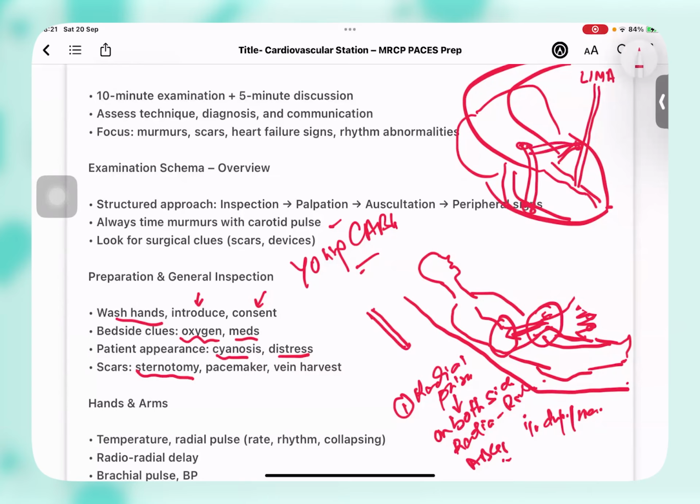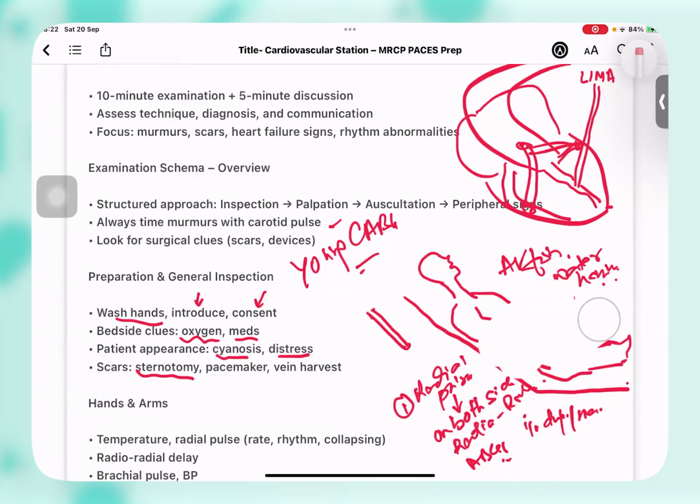Alongside, you of course can check for an AV fistula. You rightly said that. And here you check for the water hammer pulse. For the water hammer pulse, you place one hand here and one hand here.